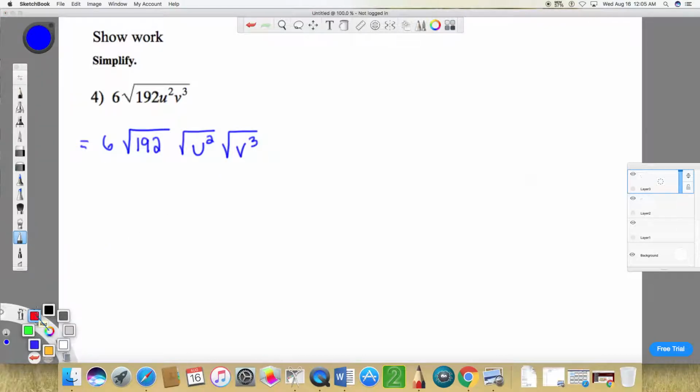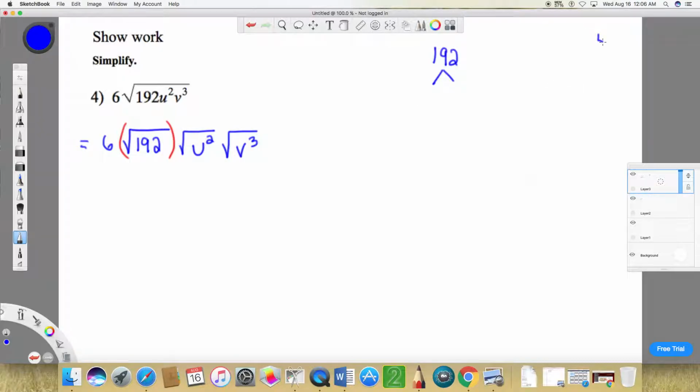So off to the side, we want to work with 192. Now, when we break down 192, I know it's divisible by 2. But what would make my factor tree shorter is if I can find the largest perfect square that divides 192. So what are the perfect squares?